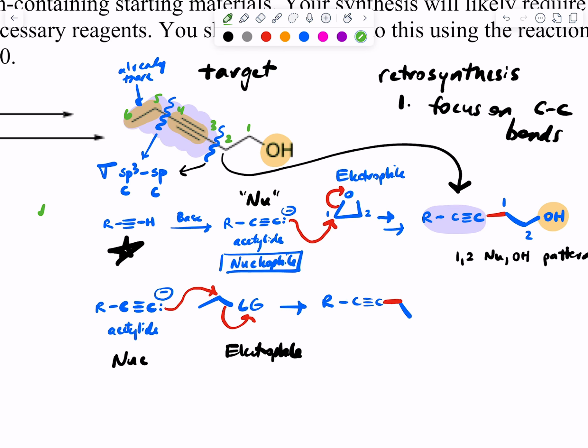The first one makes the sigma bond between carbons 2 and 3. The second one makes the sigma bond between carbons 4 and 5. Is there one of these you'd want to do first? And if so, why? Which one of these would you want to do first?